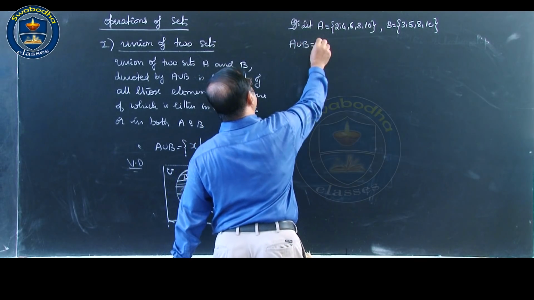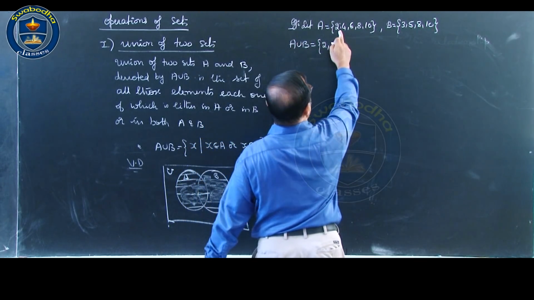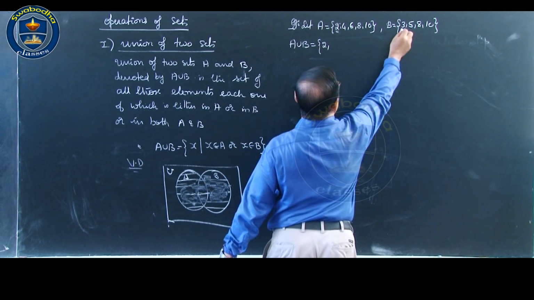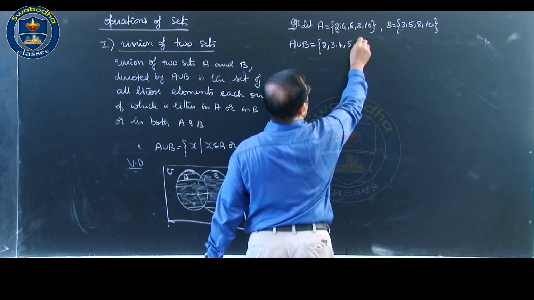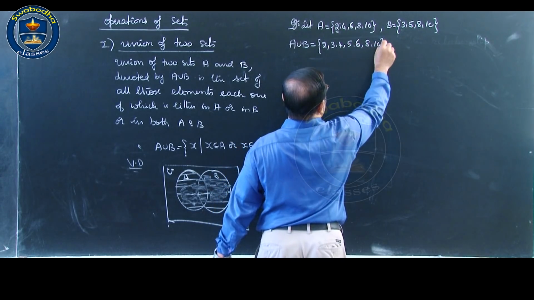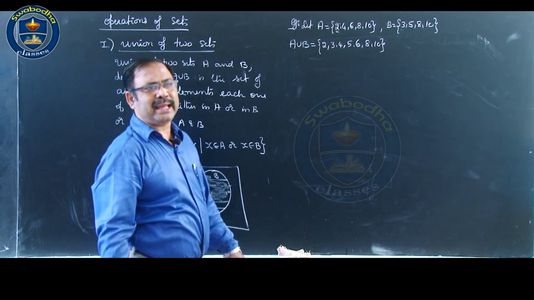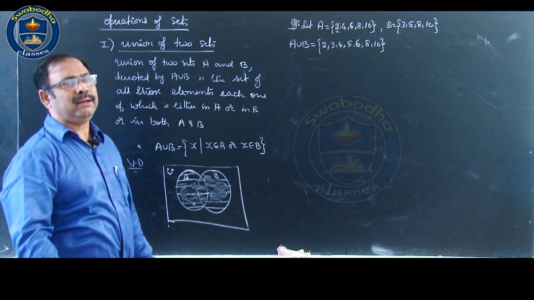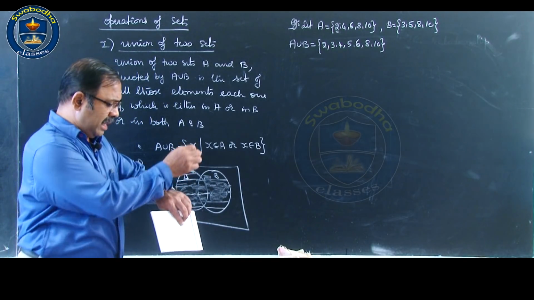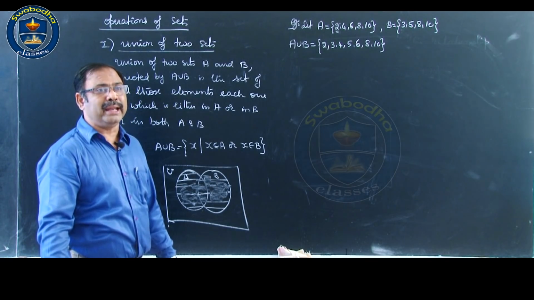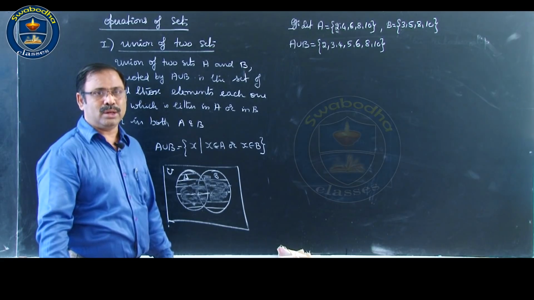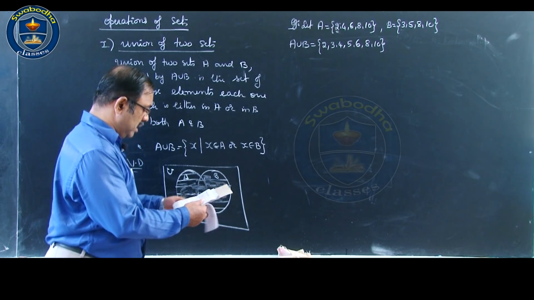A union B is equal to 2, then 3, then 4, 5, 6, 8, 10. So it contains all the elements of A and B. That is A union B.